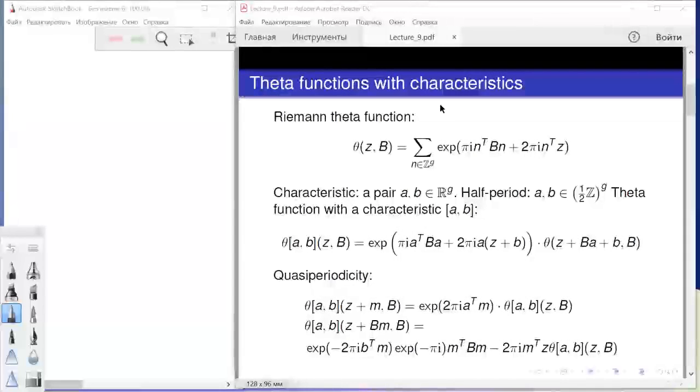Just to start, I will recall certain definitions and formulate certain conventional facts.